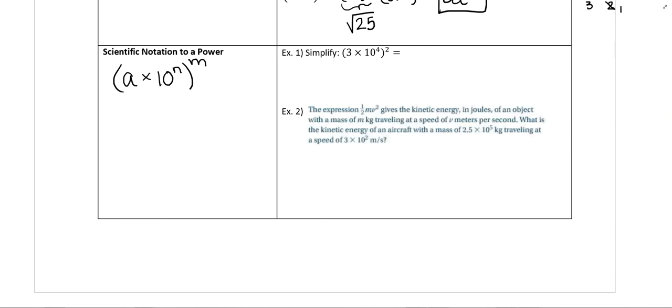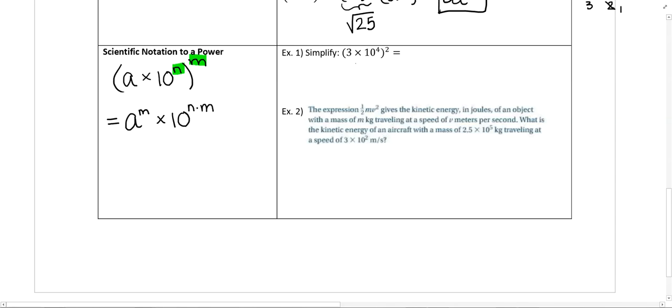Well, this is a product, and so you are going to take the a to the mth power, and then you're going to have it times 10 to the, and then these two exponents will multiply. So n times m.